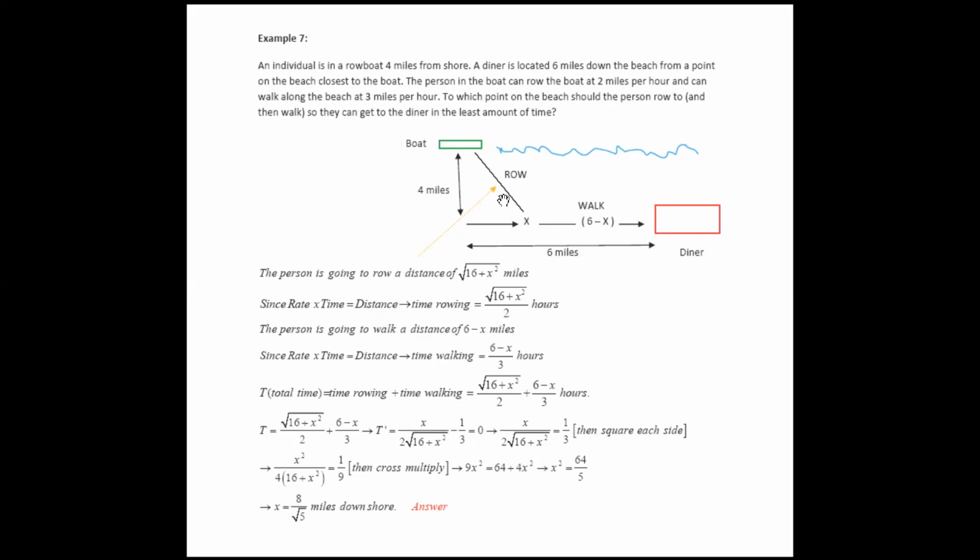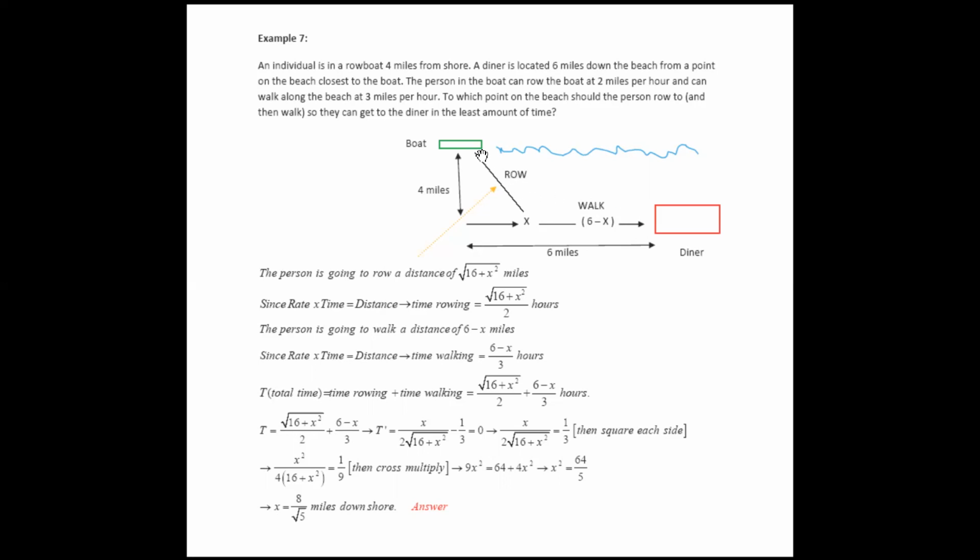Interesting question. And before I begin this problem, let's think about some things. Suppose they rowed at 3 miles per hour and walked at 2 miles per hour. Well, if they could row faster than they could walk, it would make sense to just row the entire distance, right?